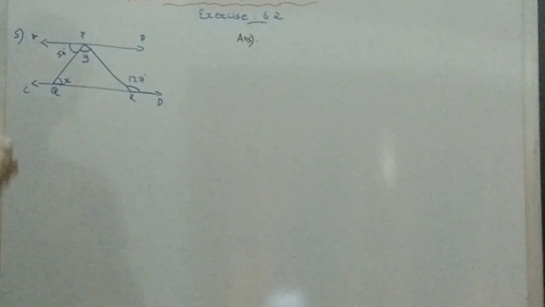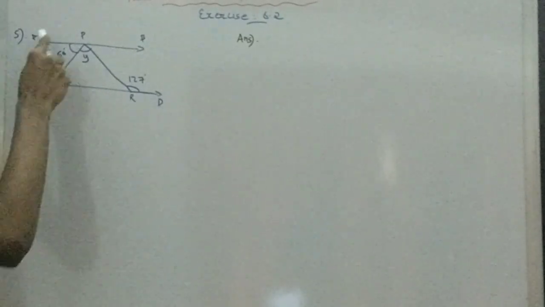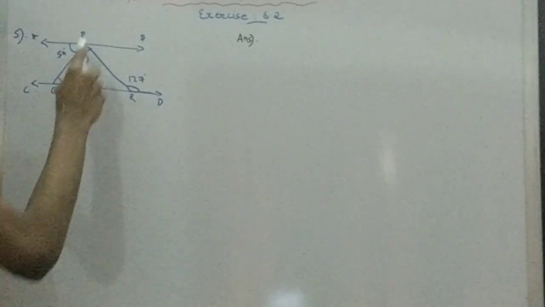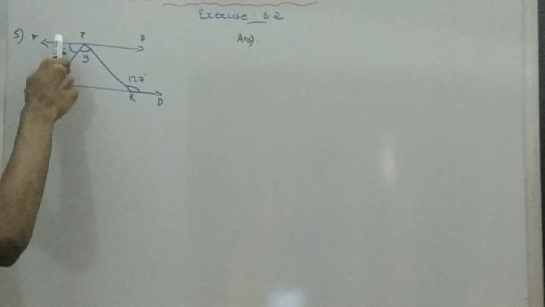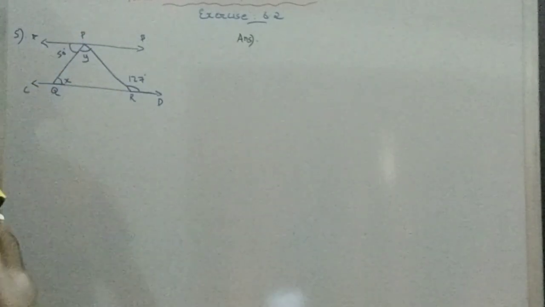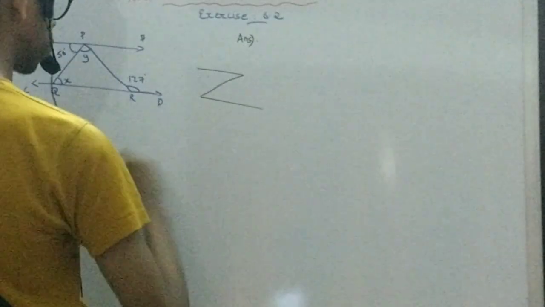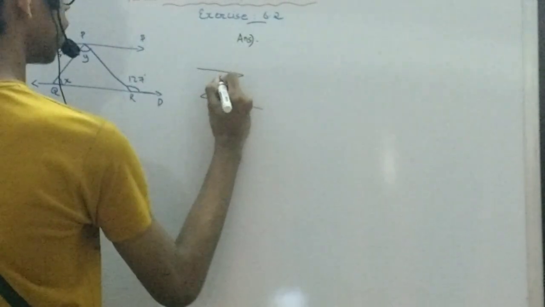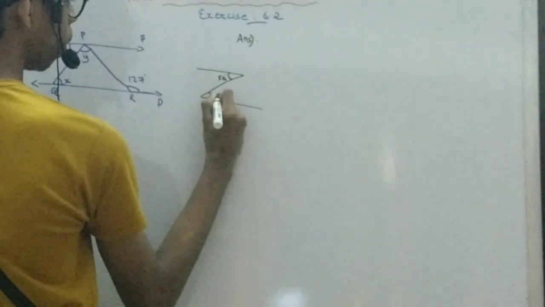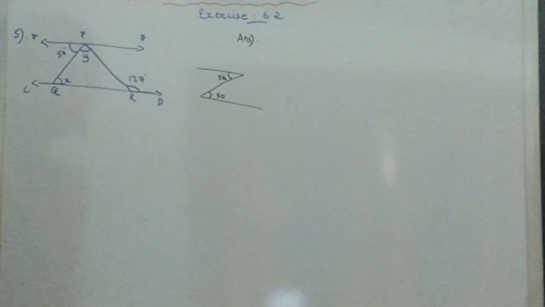Now, if you see this angle APQ and this angle PQR, aren't they alternate interior angles? Yes. I have told you that if you see a Z-like shape formation, if this angle is 50, then this angle will also be equal to 50 because they are alternate interior angles.